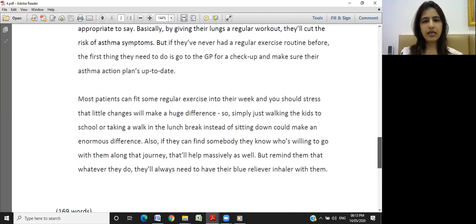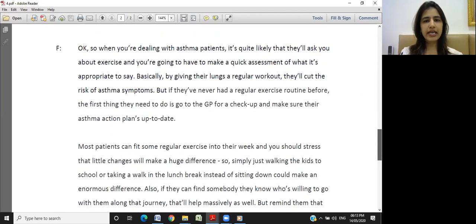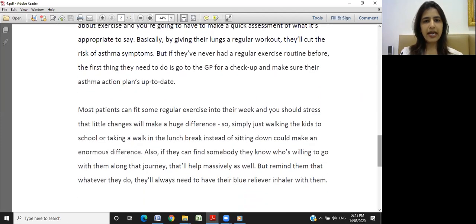So she is explaining how in the beginning she also said that you would need to have a basic assessment of whether they can go with exercises or not, right? And then she said here, in what ways can you motivate them is by explaining that even a little change will make a huge difference, then giving them suggestions on how they can take up exercise, okay?